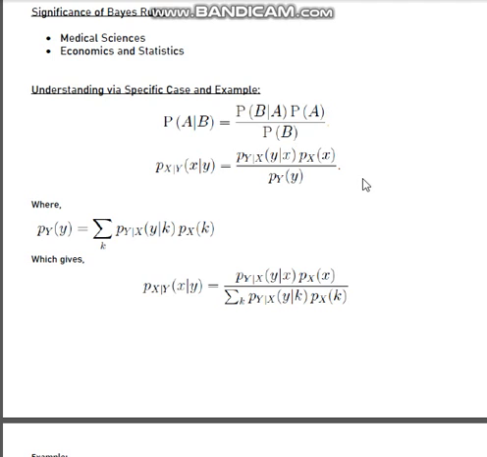We can also represent this formula by PMF, or probability mass function, for each of the conditional or marginal probability from the above, and it will look something like this, where the marginal probability P_Y of y, or the occurrence of y, will be basically the summation of all the events where y will occur conditioned on some other event k, right? So it is basically the total probability theorem to find the total probability of y. So once we substitute this in the formula above, we will get the final result as follows, right?